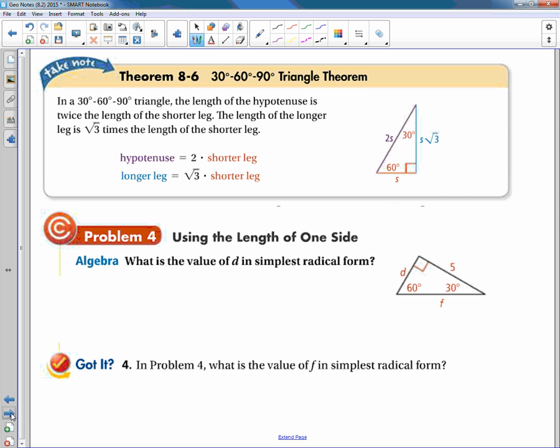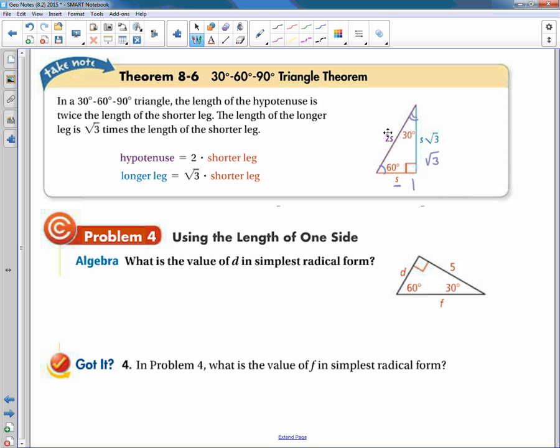Now the other pattern that we need to look at is the 30, 60, 90. Now the 30, 60, 90 is a little bit different because on the side where we have 90 and 60, we have the shorter leg, which will be equivalent to 1. On the side where we have 30 and 90, we have the longer leg, which is going to be equal to the square root of 3.